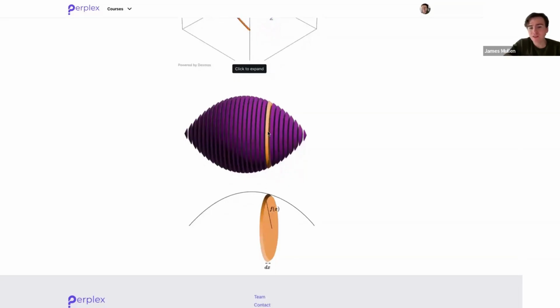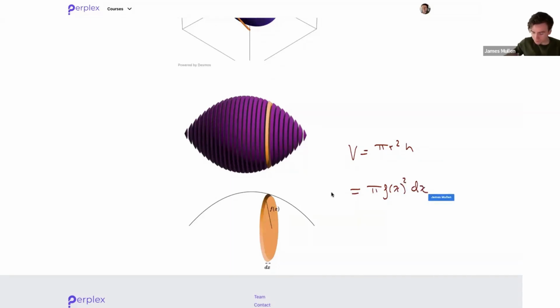That orange slice has a thickness of dx and a radius of f of x. And the orange slice is roughly speaking a cylinder. I don't know exactly, but it's approximately a cylinder, and a cylinder has a volume of pi r squared h. So this thing is going to have a volume of pi f of x squared dx.